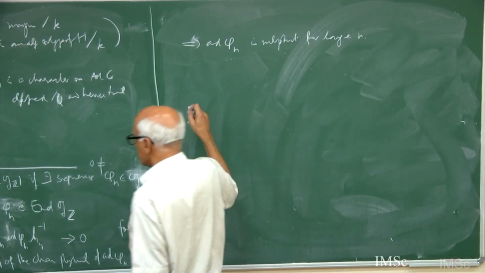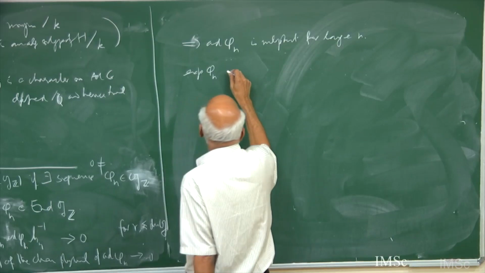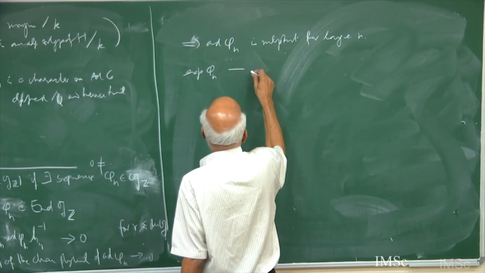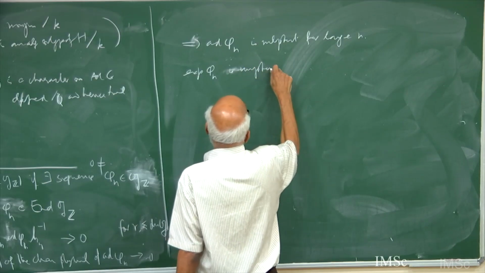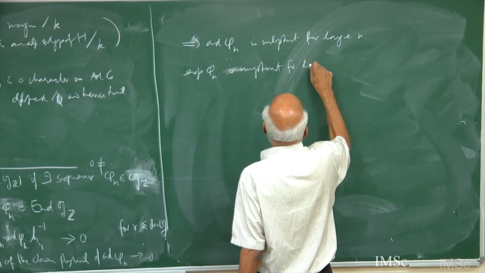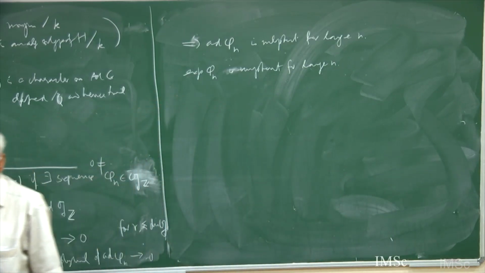which implies exponential of phi_n is unipotent for large n, and non-zero.